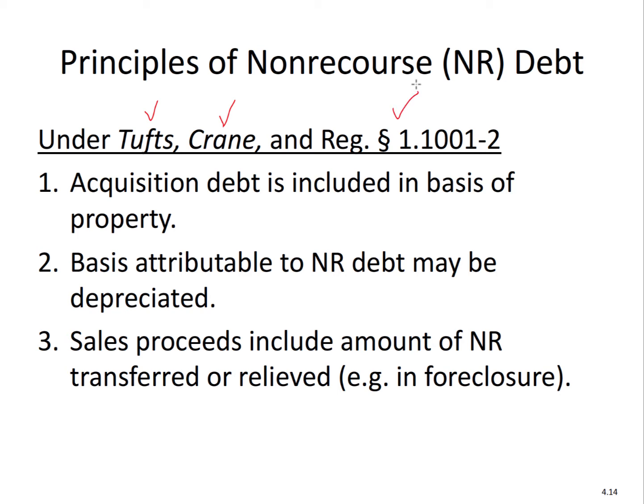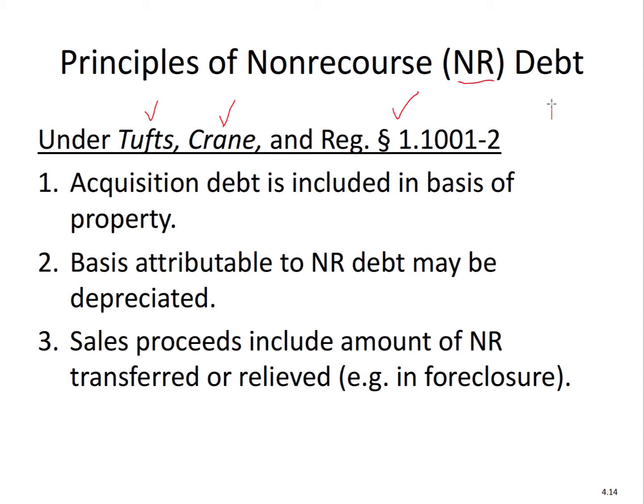In that line of law, the Supreme Court and the regulations say that when property is purchased with the proceeds of a non-recourse, NR, debt, a non-recourse mortgage or non-recourse debt, the purchaser is the sole owner of the property.